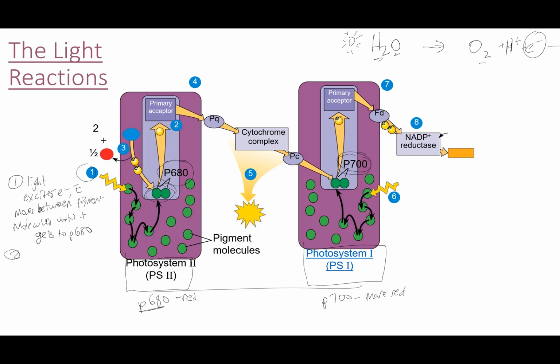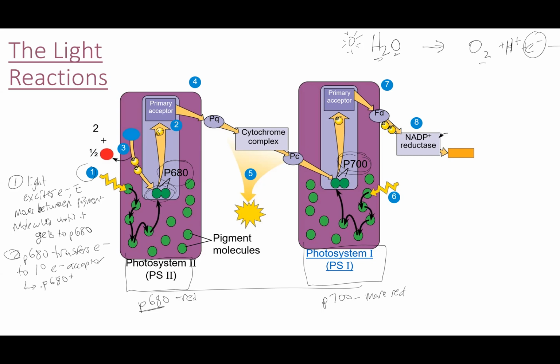When it gets to the reaction center, those P680 chlorophyll molecules are going to transfer an electron to the primary acceptor. So the P680 is going to transfer those electrons to the primary electron acceptor. This is going to make P680 into P680 plus.